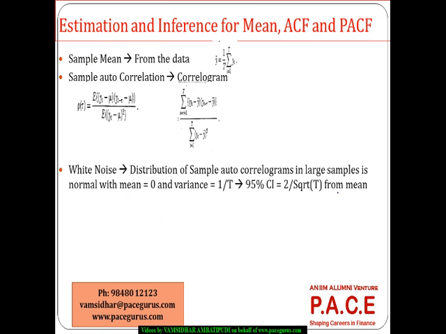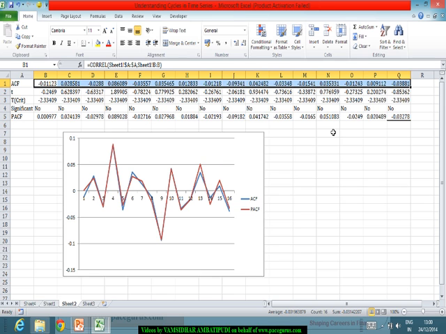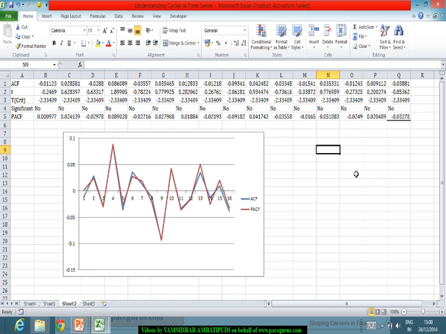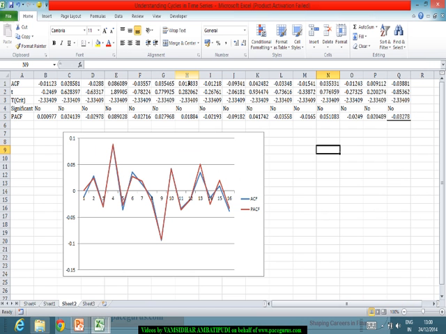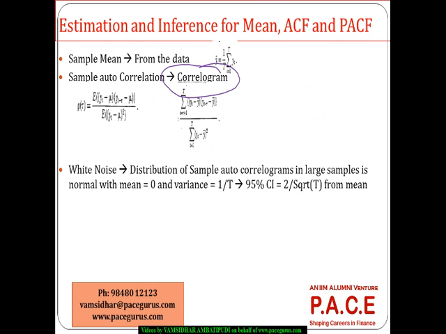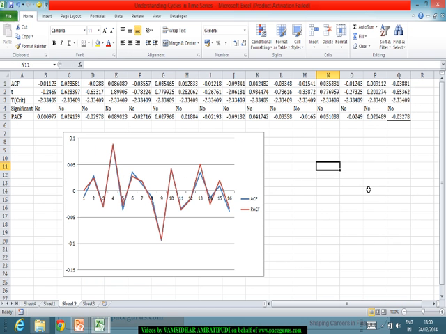And what we call this is a correlogram. Whatever the different sample autocorrelations that we have got for the data for different time lags, we call it a sample correlogram.